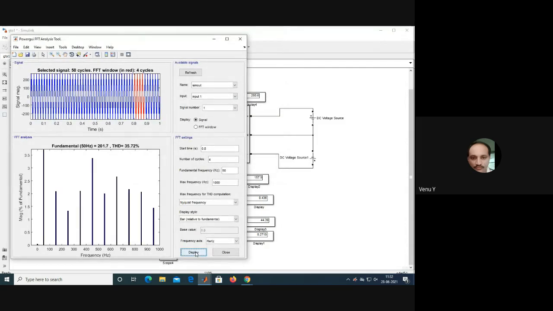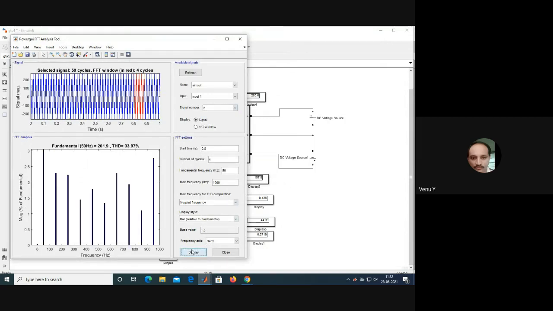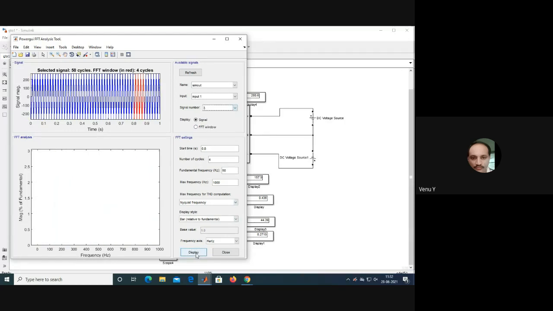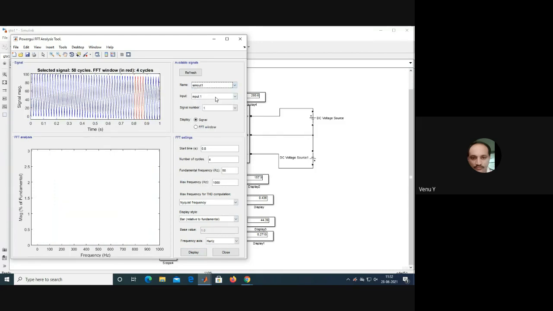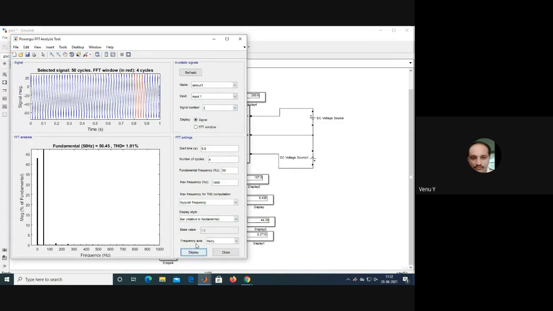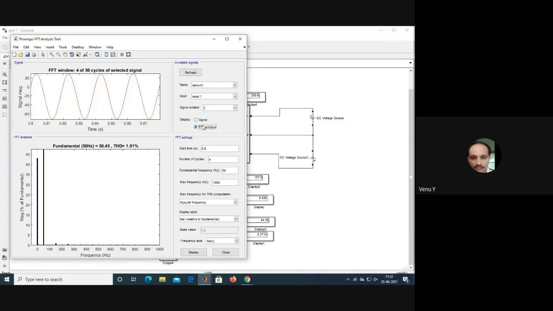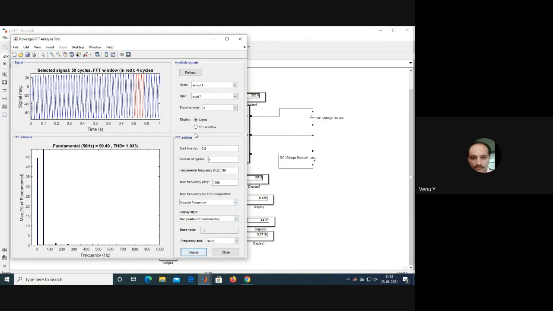Output 35.72, 33.97, and 33.97. Output 1.01, current. This is the current signal. Phase A, phase B 1.01, phase C 1.03.